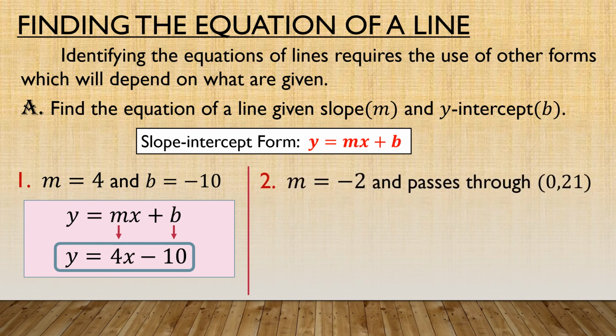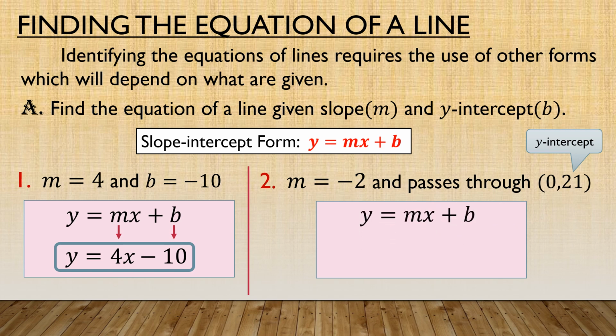Another example. Number 2, m equals negative 2 and passes through 0, 21. The value of x is 0, so therefore, it's considered as a y-intercept since the value of x is 0. So now, y equals mx plus b.